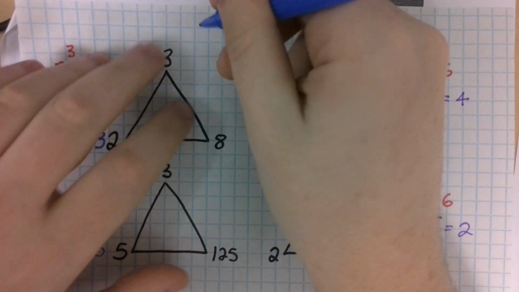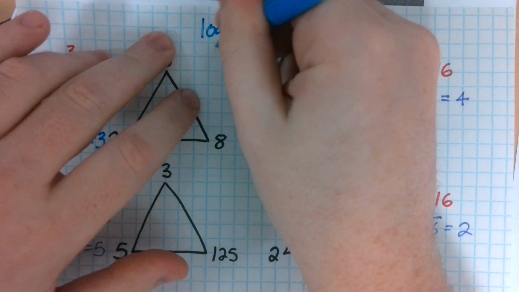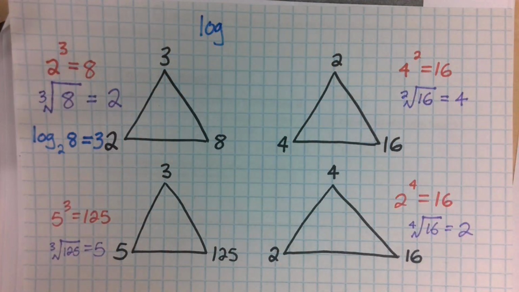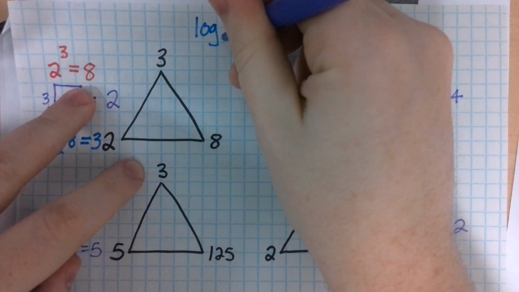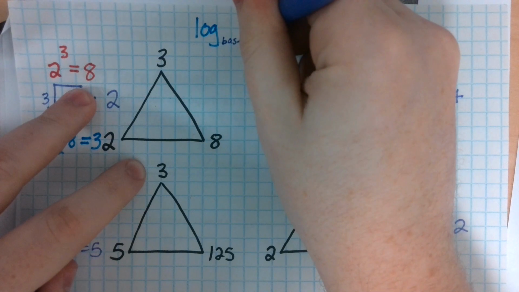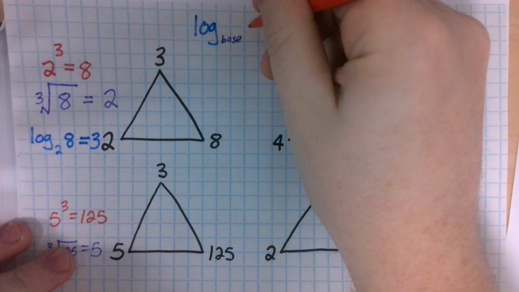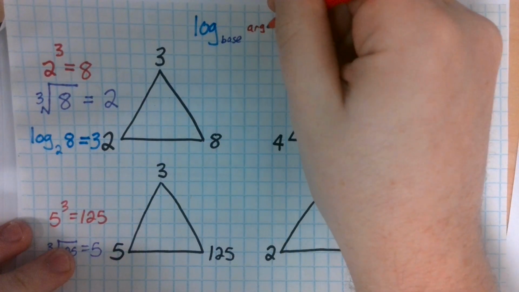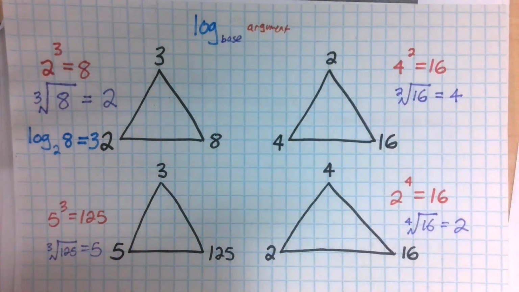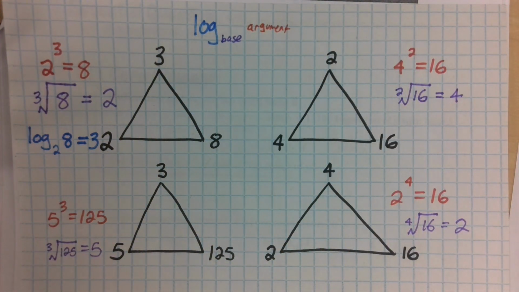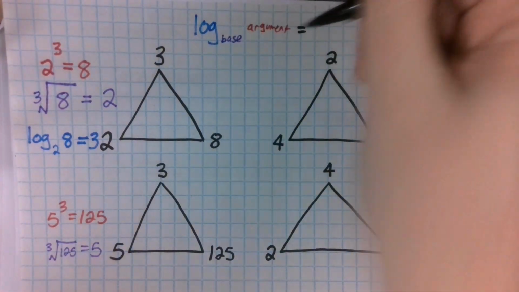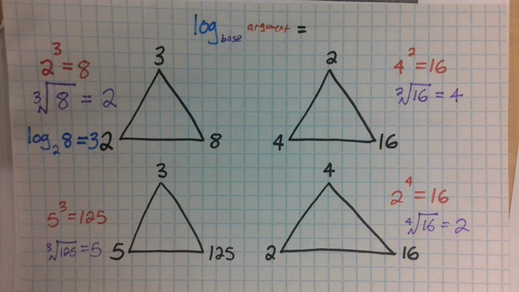It is always going to be the little word log, your base, or what goes on the bottom of the exponential, then the argument, and it's always going to equal your exponent.